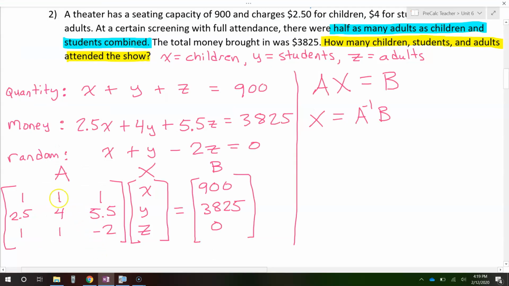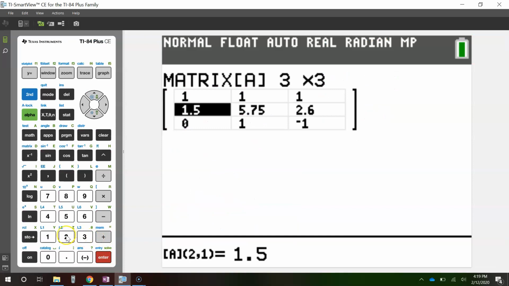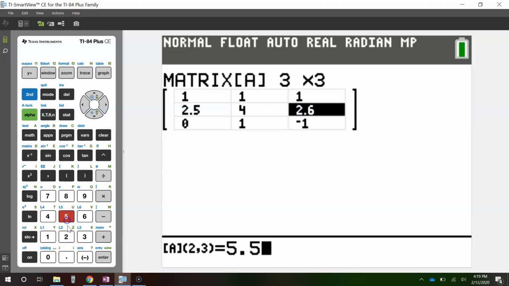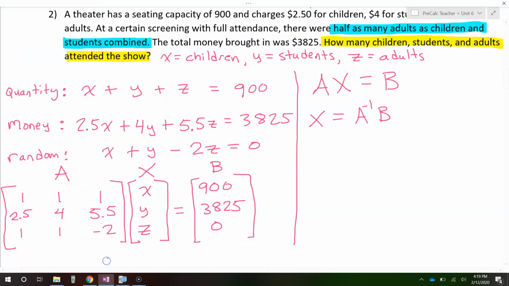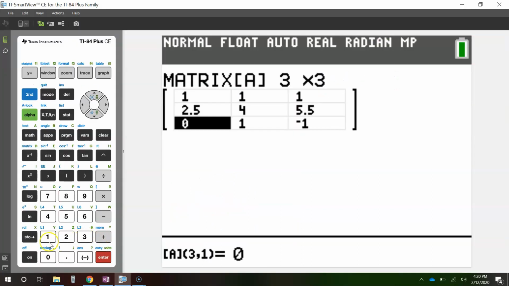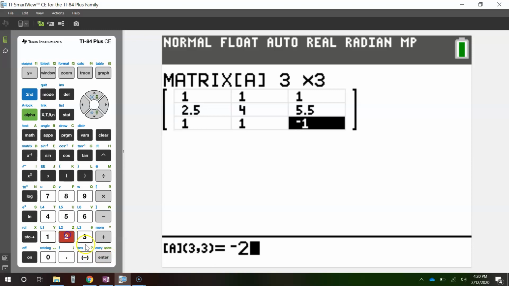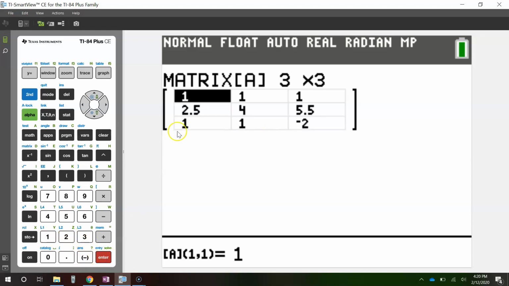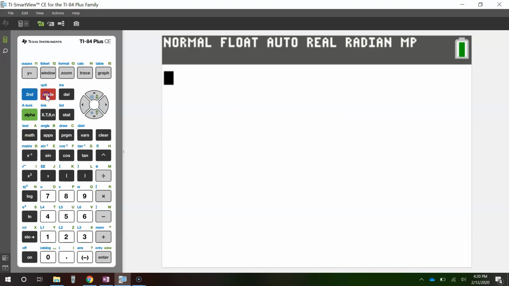Now I have 2.5, 4, and 5.5. And then I have 1, 1, negative 2. So that's matrix A. Quit your way out of the matrix.